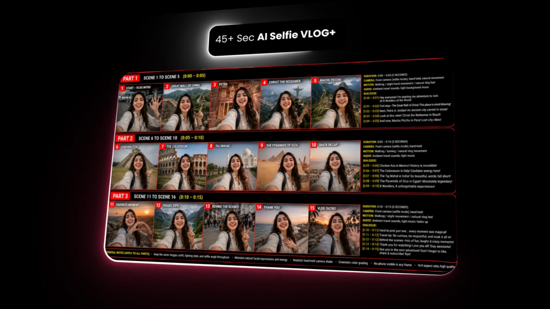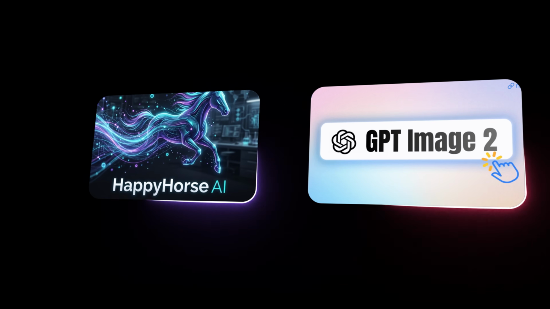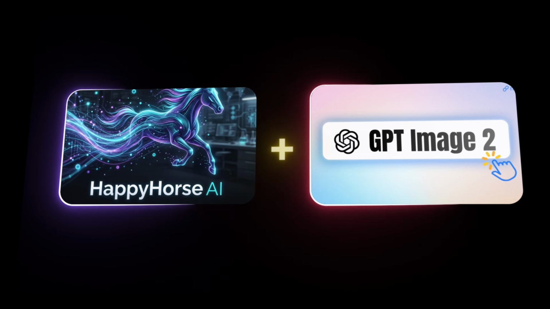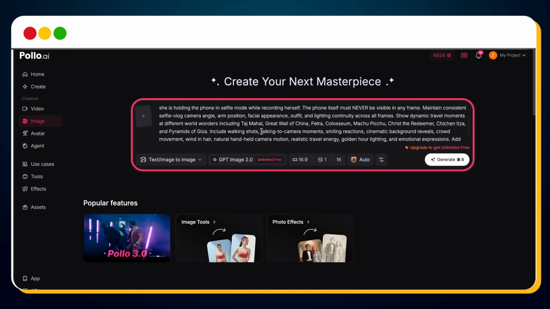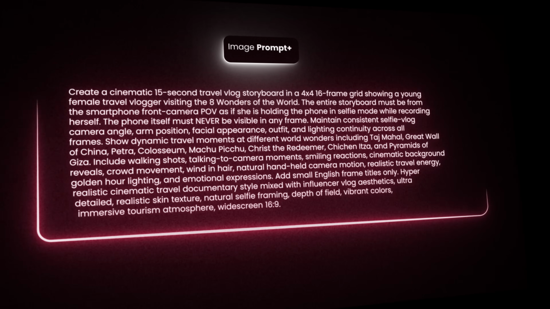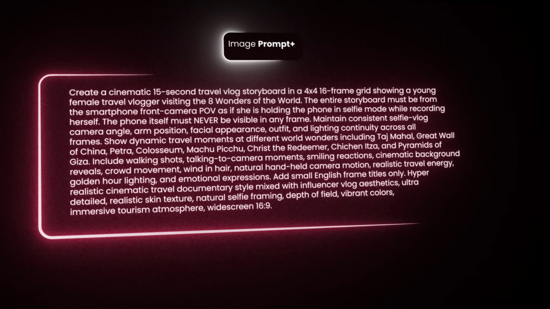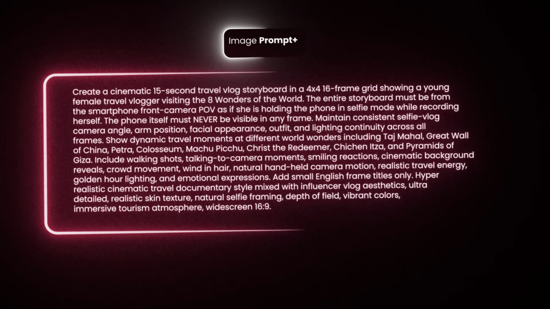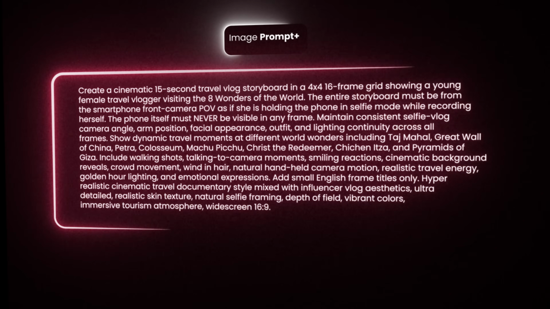Finally, I generated this 45-second long AI selfie world tour vlog video, again using the combination of GPT Image 2.0 and HappyHorse 1.0. First, I switch to GPT Image 2.0 and enter this prompt asking the AI to create a cinematic 16-frame travel vlog storyboard showing a female influencer recording herself in selfie mode while visiting the 8 wonders of the world with a consistent front camera, POV, and realistic travel moments.